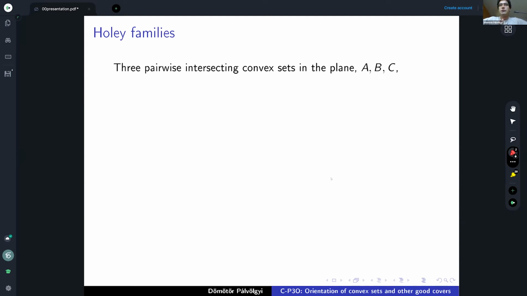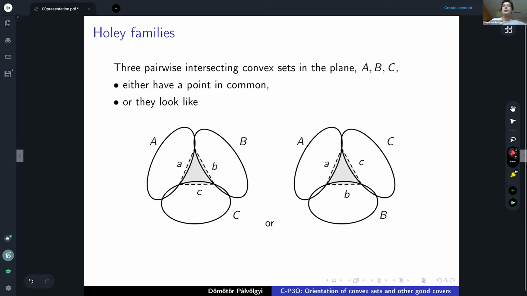Now let's look at convex sets A, B, C that are pairwise intersecting. Either they have a point in common, and we can be happy because it means that they are easy to pierce, or they look like one of these things on the left or the right. It means that they intersect pairwise, but inside they have some empty region.